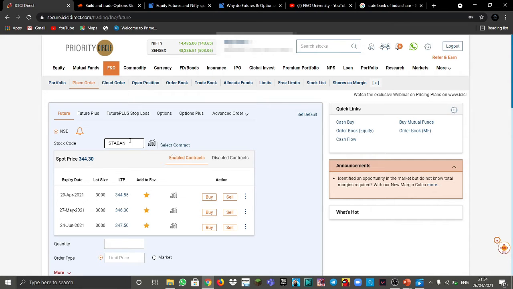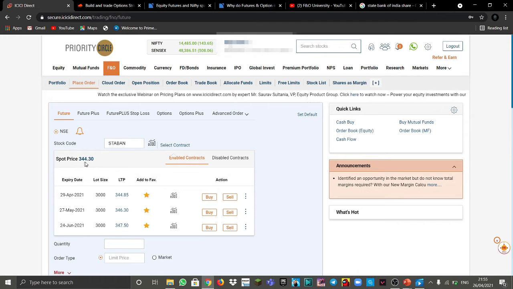What speculation can we do by looking at the future price of State Bank of India? Where is the future price? These are all future prices mentioned here: 344.85, 346.30, 347.50, for each month contract.